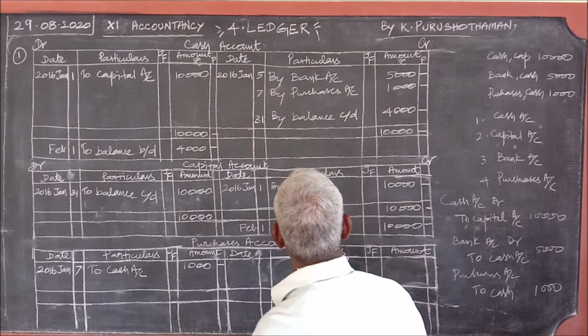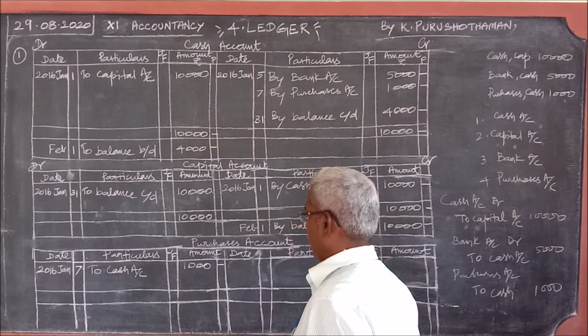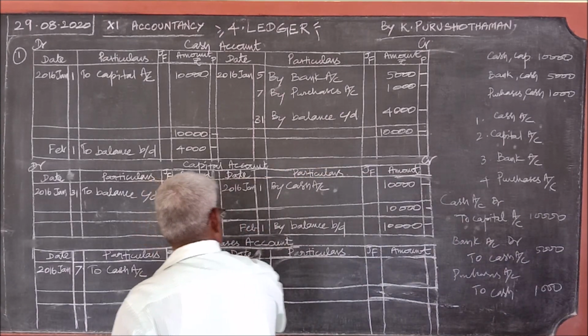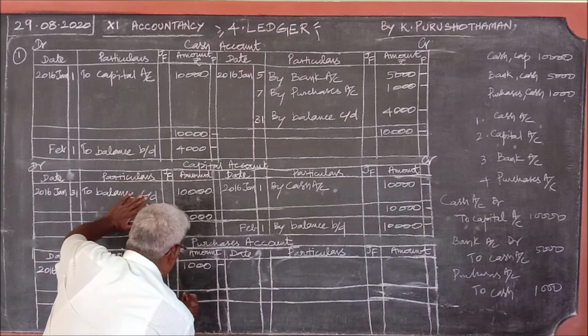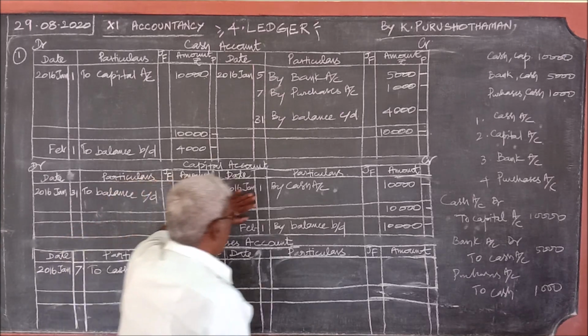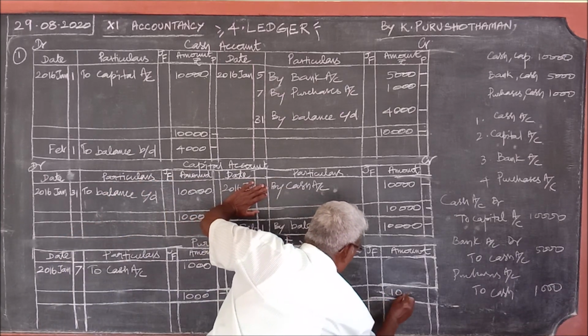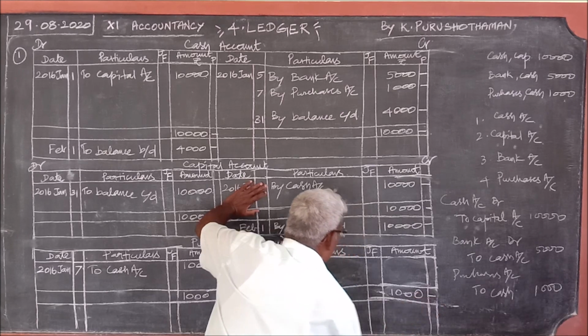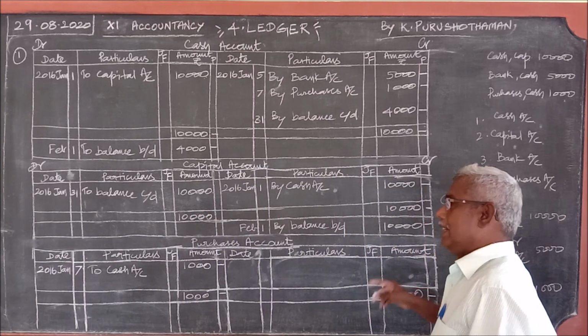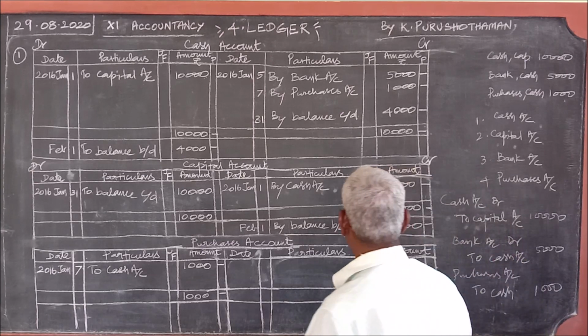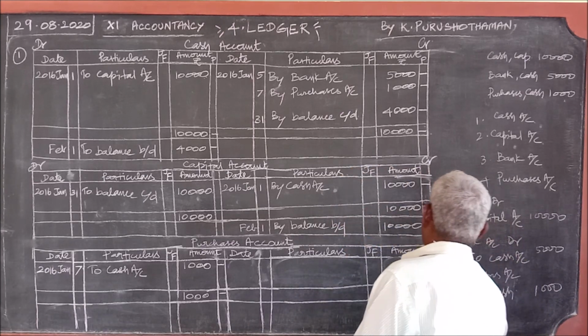Now we can find the total for this ledger. Debit side 1000, credit side total 0. The greater total, the 1000 amount, you write on both sides. And how much is missing on the credit side? The entire 1000 is missing, otherwise called the balancing figure.